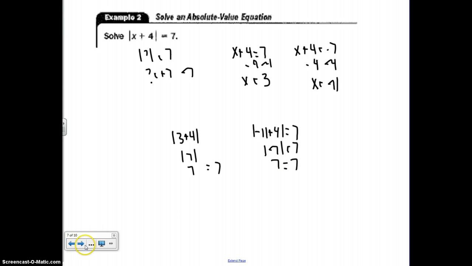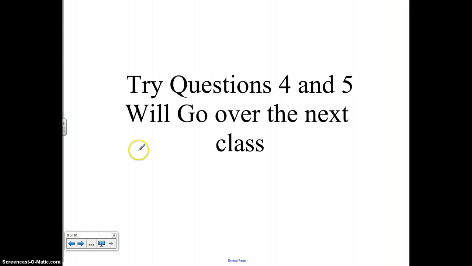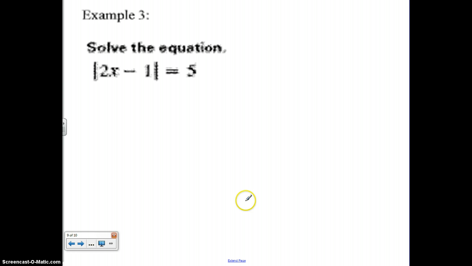So what I want you to try to do is the next two, 4 and 5, which are very similar to what we just did. Try those two questions for me, and when you are done with those, we'll go over them in class tomorrow. But we can go on to the next example here. I have the absolute value of 2x minus 1 equals 5. Keep in mind, what I'm trying to figure out is the absolute value of what equals 5.